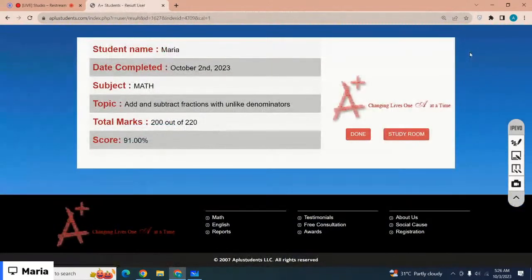Okay, so we are done with the lesson and also we are done with the chapter, right? We are done with the chapter add and subtract fractions with unlike denominators. So we're going to start the new chapter, that is logical reasoning.